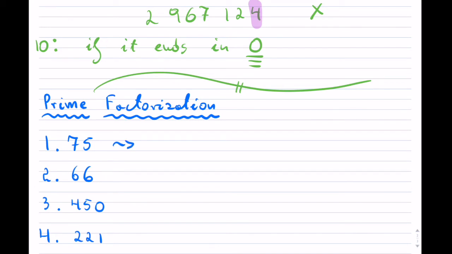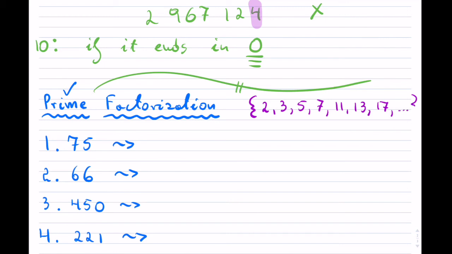Now what we want to do is break these numbers down so that they're only made up of multiplication of primes. So let's see this by example. The first one, 75. I will on the side here write for myself the primes: 2, 3, 5, 7, 11, 13, 17, and it goes on.